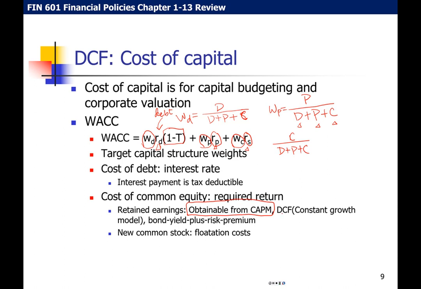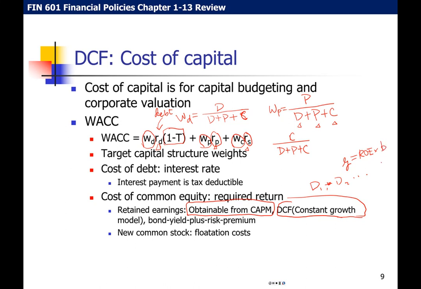The second way is to use discounted cash flow with the constant growth model, where dividends are growing over time at a rate of g. Sometimes you need to find the growth rate. Remember, you take ROE, return on equity, multiplied by the retention ratio, which is b.